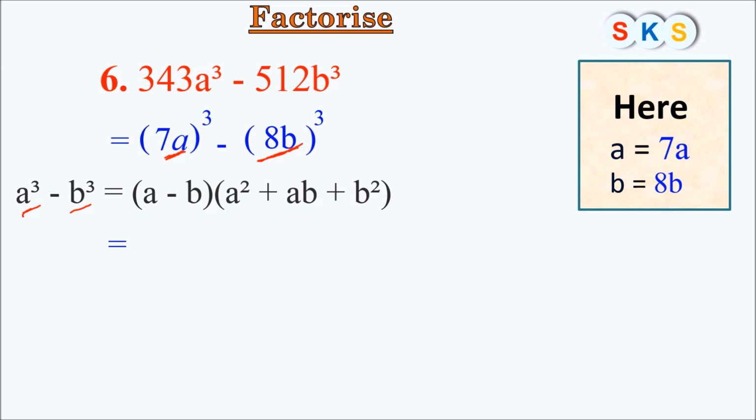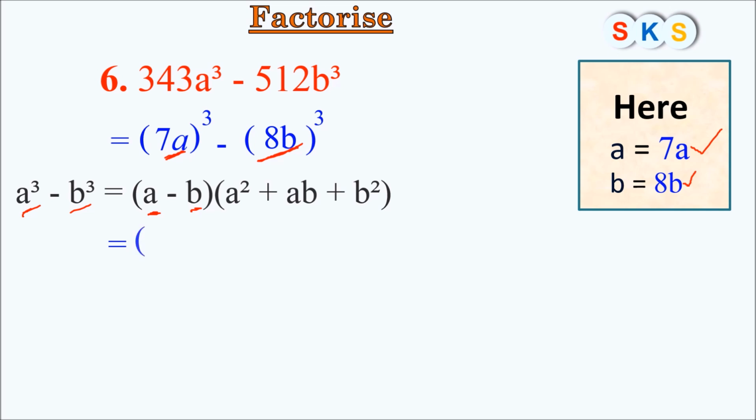Let's see here the first term of the first bracket is a, right? So at the place of a, what we can write? Look at in the rectangular box, it's 7a. And at the place of b, what we can write? 8b. You can see in the rectangular box b equals to 8b. So we will replace a by 7a and b by 8b.